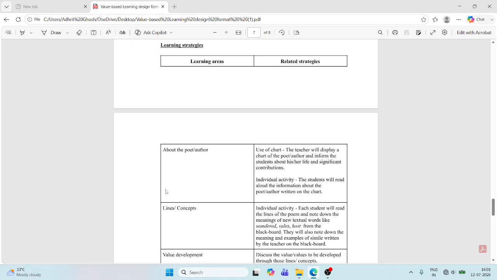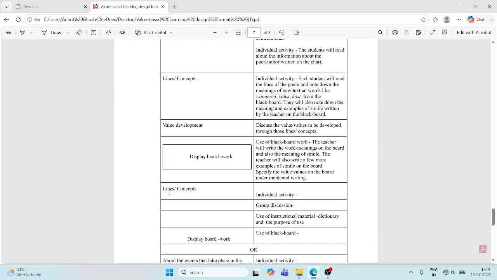All right. So then do the board work as usual. If you want to specifically mention the values to be taught through that particular portion, you can specify the values on the board under incidental writing, and you can encircle the values so that you make it prominent that this part of the lesson is actually developing these values.